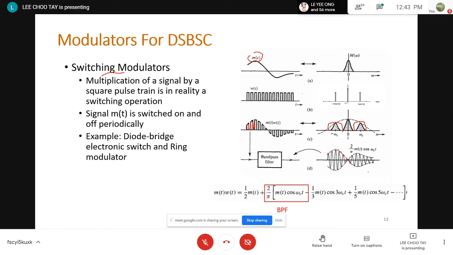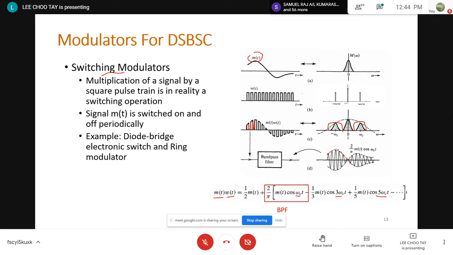As far as the maths is concerned, because we multiply these two signals, we are going to multiply m(t) with w(t). w(t) is the Fourier series expansion for rectangular pulses, which is the fundamental frequency followed by all the odd harmonics.